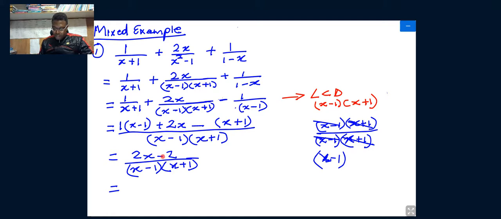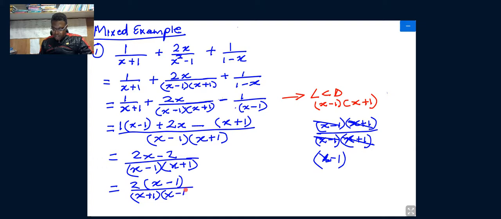Here we can take out a common factor, 2. 2x divided by 2 is x, and 2 divided by 2 is 1. And we have x plus 1 and x minus 1.